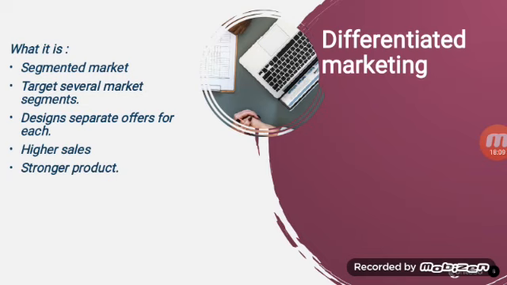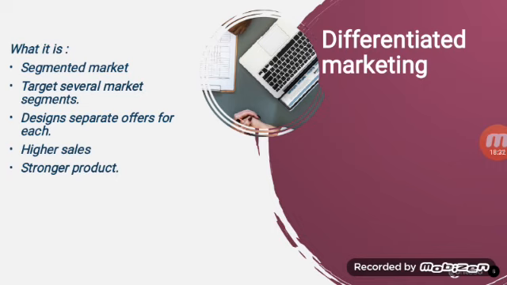Next, we are going to look at differentiated marketing. Let us look at what differentiated marketing is. It is where the company decides to provide separate offerings to each different market segment that it serves.